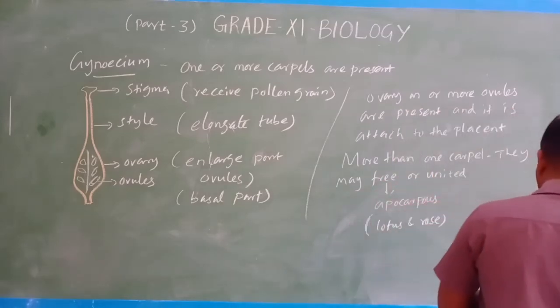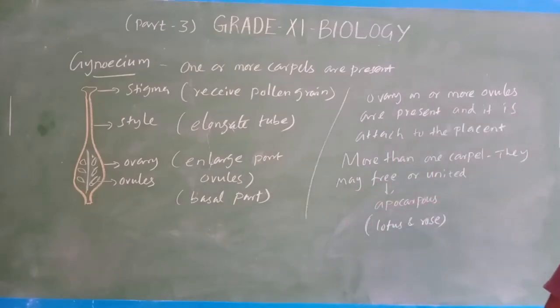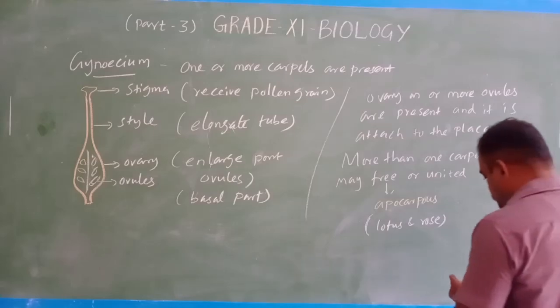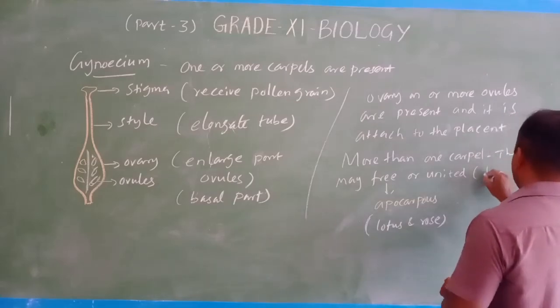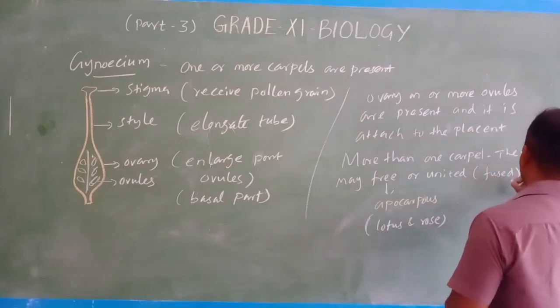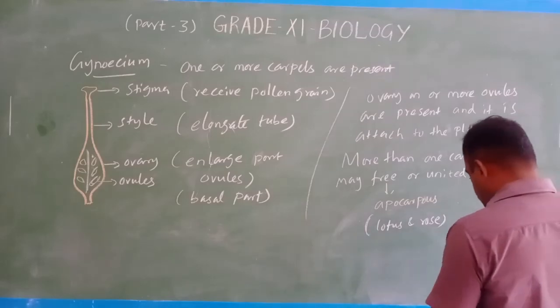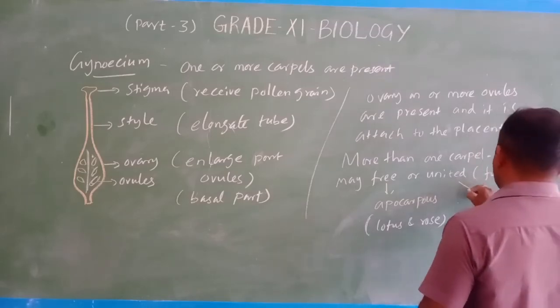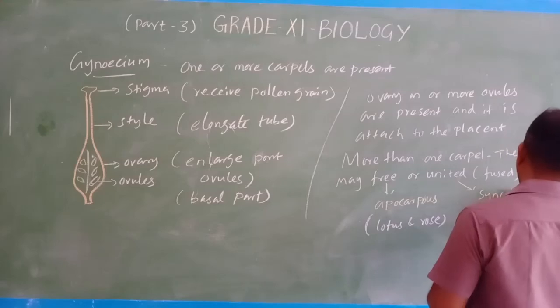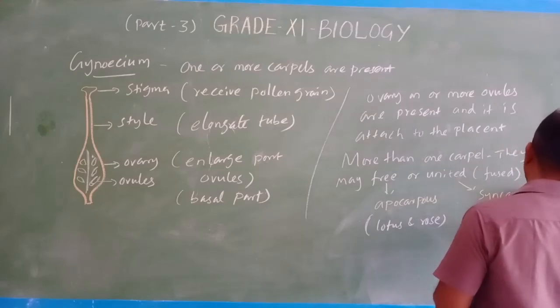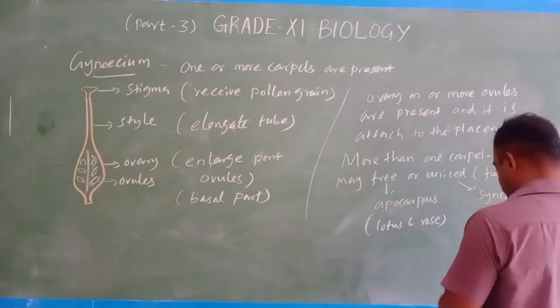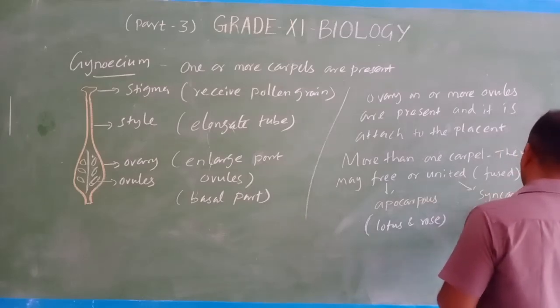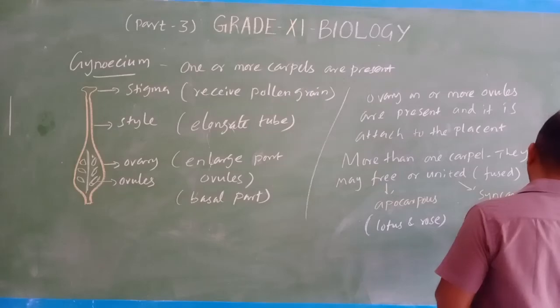If they are united, that means the carpels are fused, it is called syncarpous. Examples are mustard and tomato.